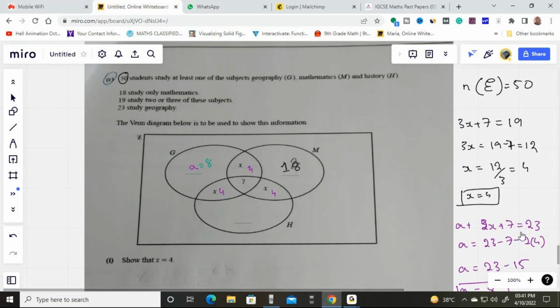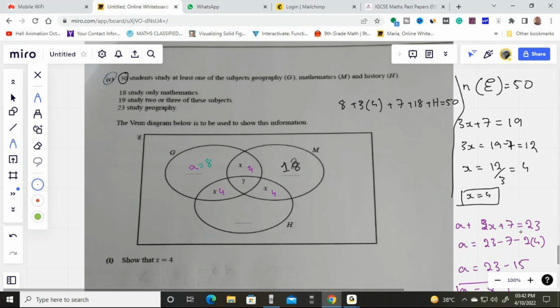So 8 plus 3 times 4 plus 7 plus 18 plus this h is equal to 50. Now you just work out the value of your h. What do you get? It's 5. 5 students study history.